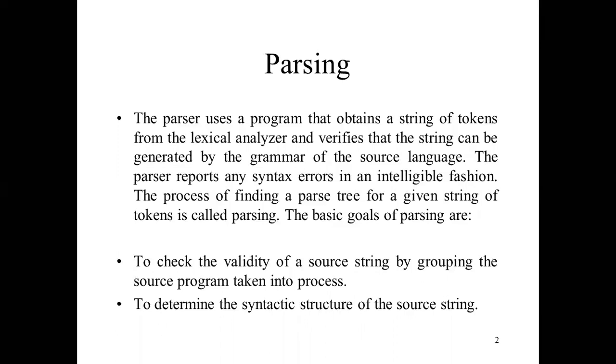Using the parsing method, the parser will give you a parse tree, and that checks the validity of the string, whether you are using the proper grammar or not. So you will get only a single parse tree. It gives the authenticity of the particular grammar of the compiler that is used by the programmer.